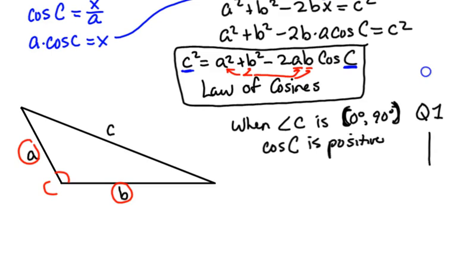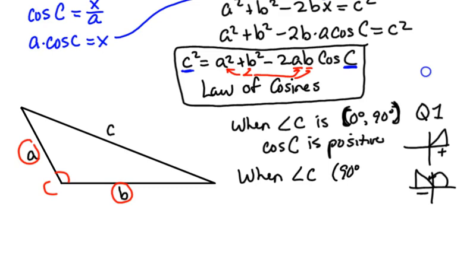Think about a quadrant 1 angle versus a quadrant 2 angle. Cosine is positive over here. Cosine is negative in quadrant 2. So when angle C is in the interval 90 to 180, then cosine C is negative. It is a negative trig value here.